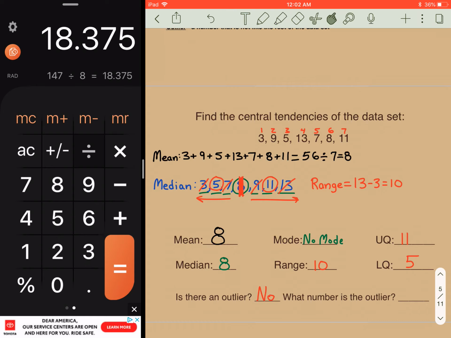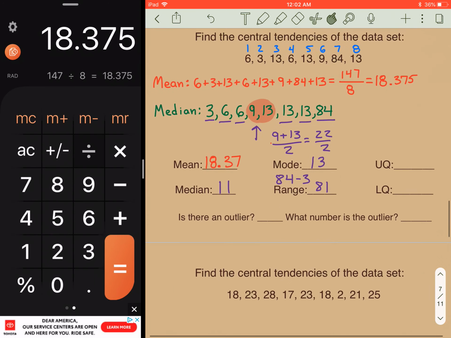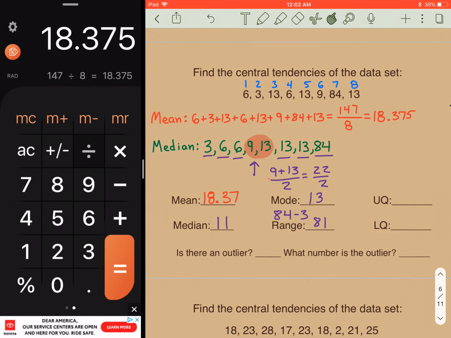Since on this problem our median is not a number in our data set, but is somewhere between those two numbers, I'm not going to cross any number out. I'm going to draw a line between those two instead of through them, and that is going to be the point I use to find my lower quartile and my upper quartile.